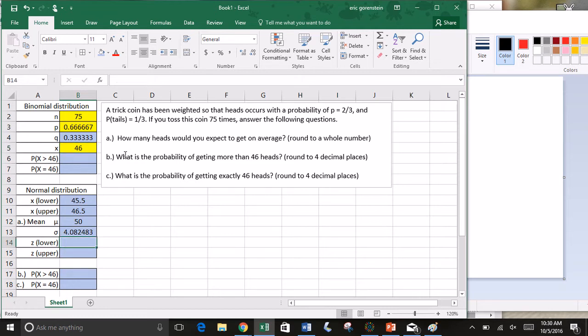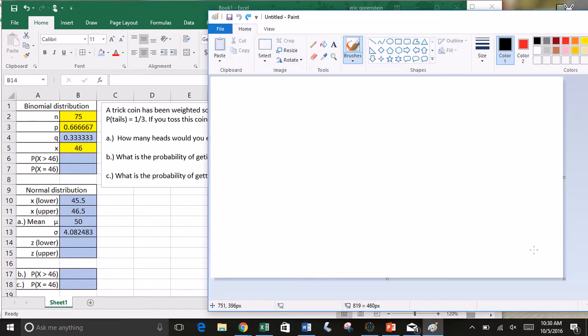Part B, what is the probability of getting more than 46 heads? So I'm going to come over here and attempt to draw it out. It's a little difficult to draw on the computer screen, but I'll try it. We're using the normal distribution, so it looks something like this.